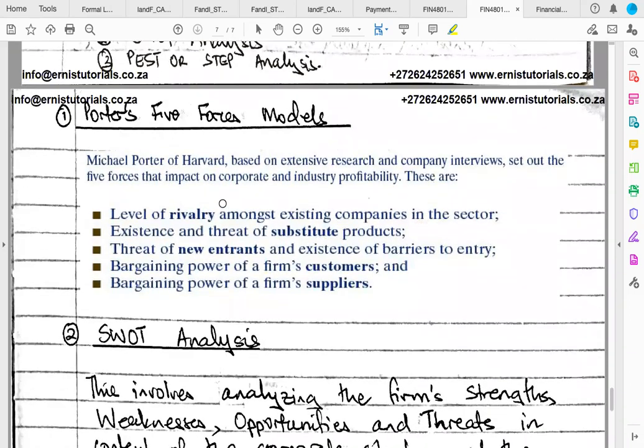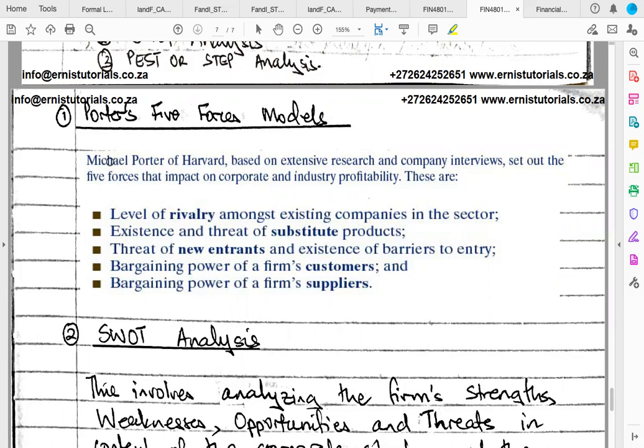So these are just models that are used to try to identify strategic issues surrounding the company and how best the company can set its strategic plans. So the Porter's 5 forces are the level of rivalry, existence and threat of substitute products, the threat of new entrants, bargaining power of a firm's customers, and bargaining power of a firm's suppliers.